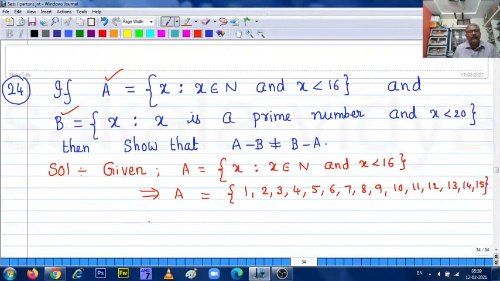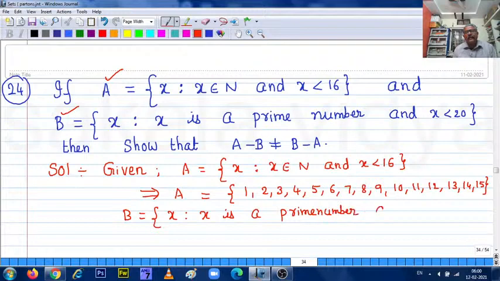This is A. Now B equals the set of x such that x is a prime number and x is less than 20. Prime number means it has only two factors, that is 1 and the same number. So we need to write the prime numbers below 20.